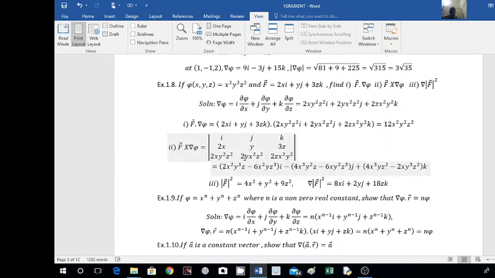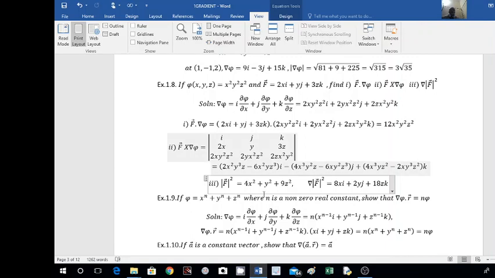Expanding this, i into this minus 3z into this, minus j into 2x into this minus 3z into this, plus k into 2x into this term minus y into this term. Then simplifying, finally we get the answer. It is just the evaluation of the determinant.